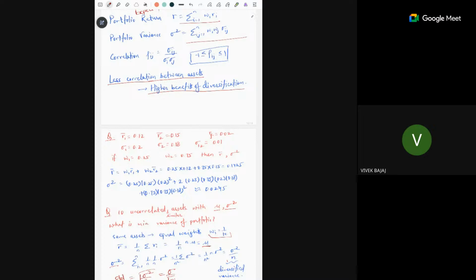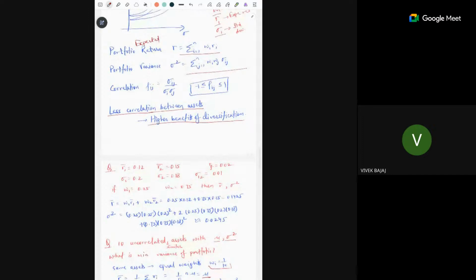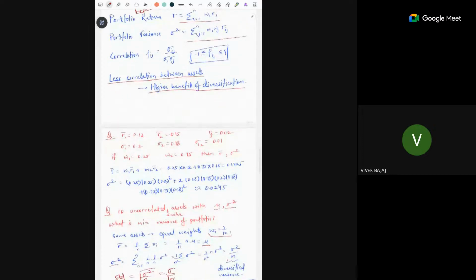Now the question asks how to use these formulas in an example. It is given that for asset one, the expected return is 12% and the standard deviation is 20%. For asset two, 15% is the expected return and 18% is the standard deviation, and the covariance is given as 0.01.